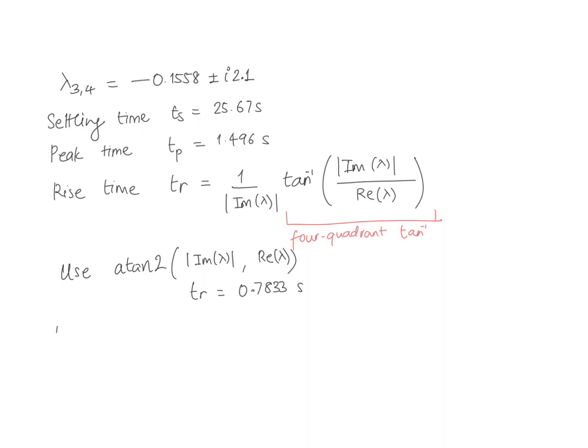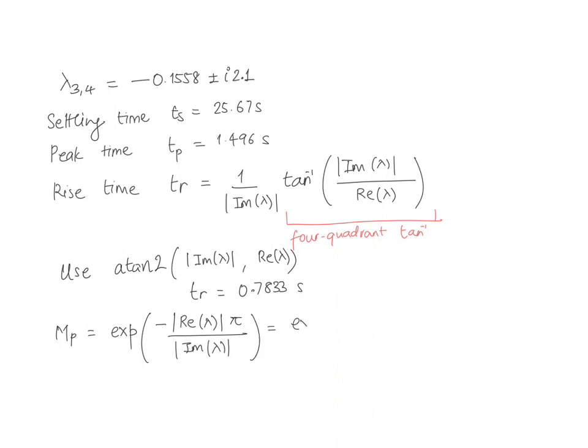And finally, the maximum peak overshoot. Now there is an easy formula to do this, which I neglected to give you in class, but I wrote it down in the notes, and that's e to the minus the real part of the eigenvalue multiplied by pi divided by the imaginary part, both absolute values again.